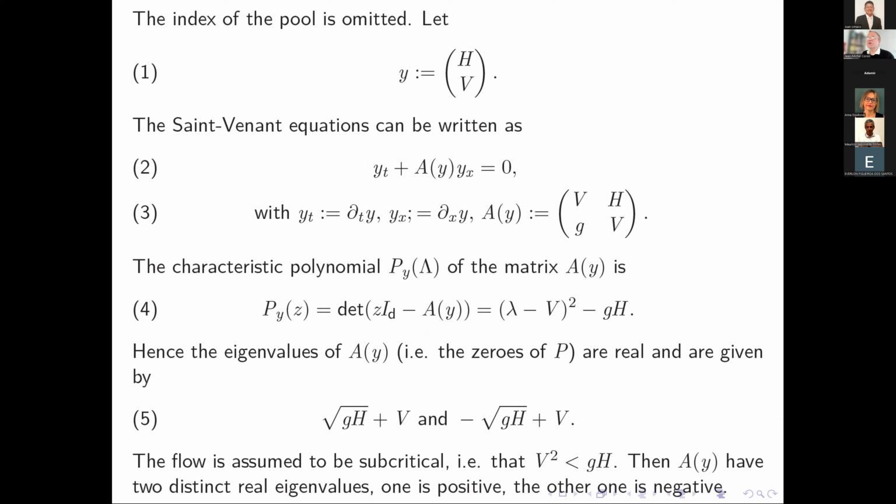And if you compute the eigenvalues of A, you see that there are two eigenvalues. We are going to study the case where the flow is assumed to be subcritical, that is, v squared is less than g times h. Then you have two eigenvalues which are real. One is positive and one is negative.